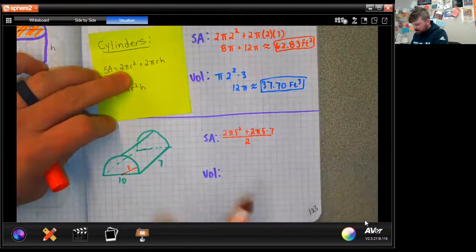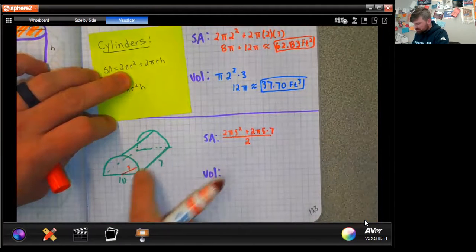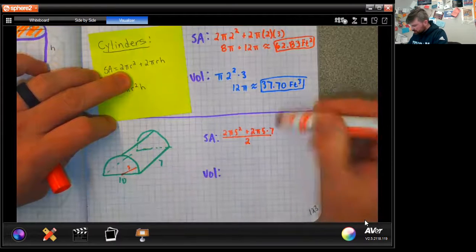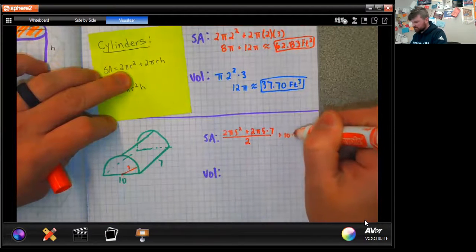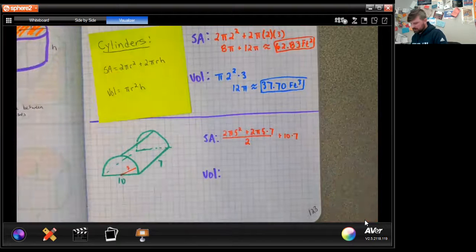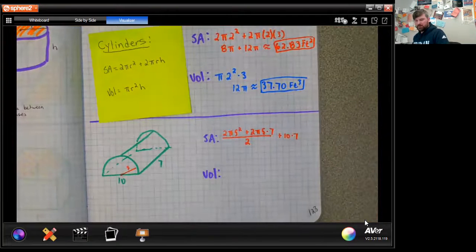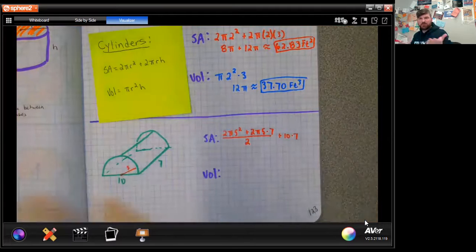But then in the bottom, I have this new surface, which is just a rectangle. So I have to add to that 10 times 7 to get that surface area down there. So we found the whole cylinder, cut it in half, which gives me all the outside, but then I need that bottom portion right here.